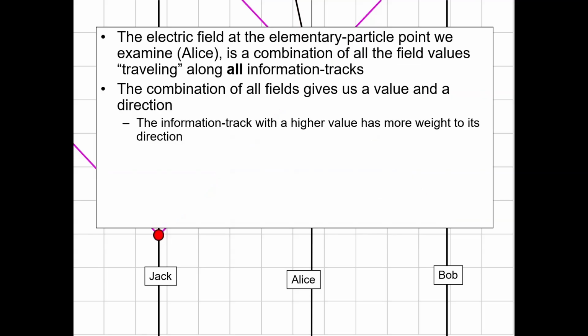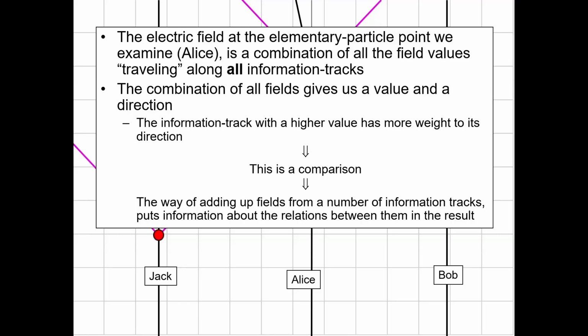Now, when you think of it, this adding up of the fields is actually a comparison. So the way of adding up fields from a number of information tracks puts some information about the relation between them in the result.